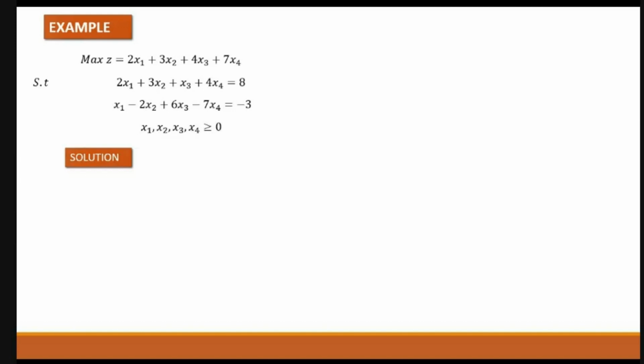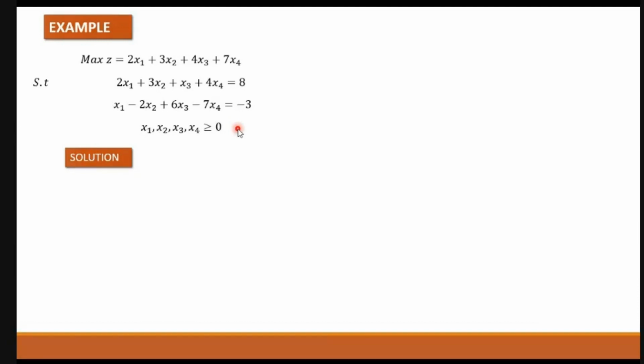You only have to solve the equations, get the values of the variables, and decide whether it is degenerate or feasible or optimal, etc. 2x1 plus 3x2 plus x3 plus 4x4 equal to 8, x1 minus 2x2 plus 6x3 minus 7x4 equal to minus 3. All the variables are greater than or equal to 0. It's already in the standard form. We need not convert here because it's already an equal to sign.